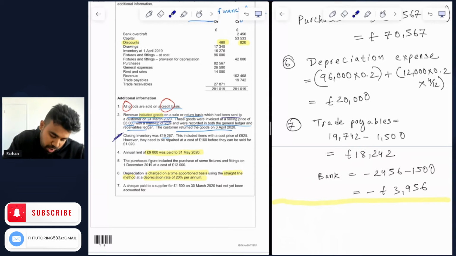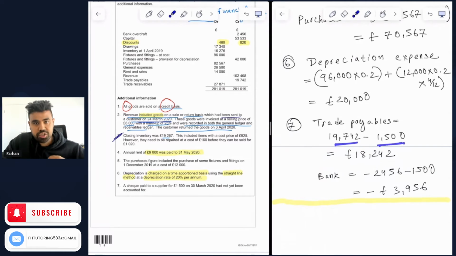The value given for trade payables is £19,742. And from there, we subtract £1,500 because if Rachel is giving a check to the trade payables, then that means Rachel's obligation goes down towards the credit suppliers of the business, which in turn reflects a reduction in the amount for trade payables that we should have in the books.